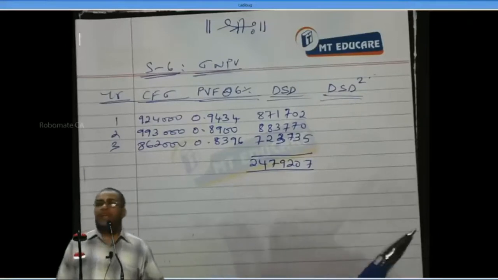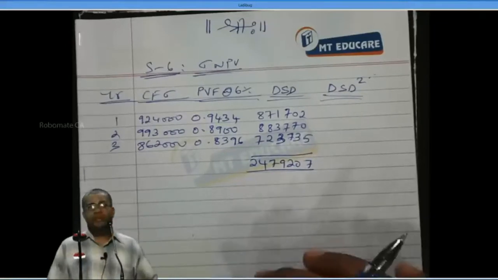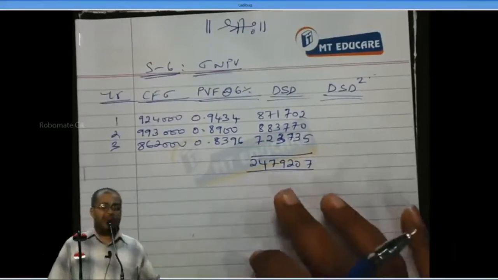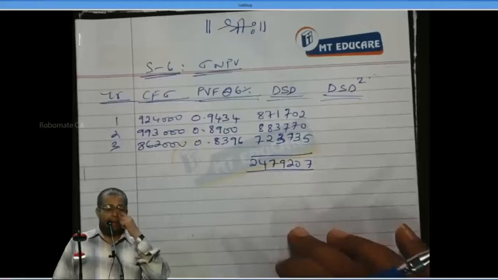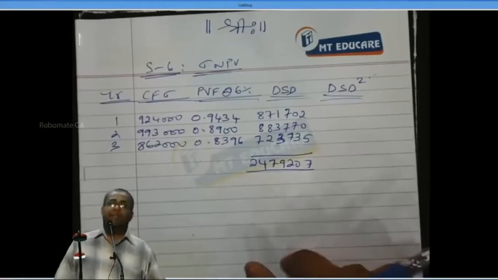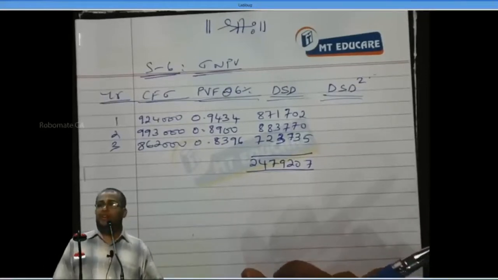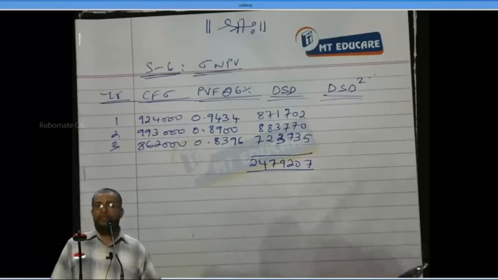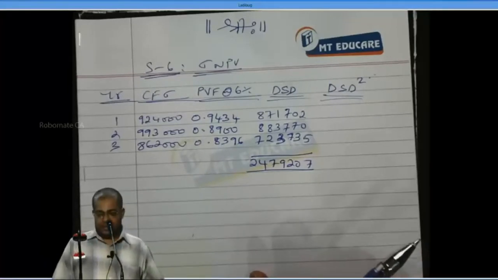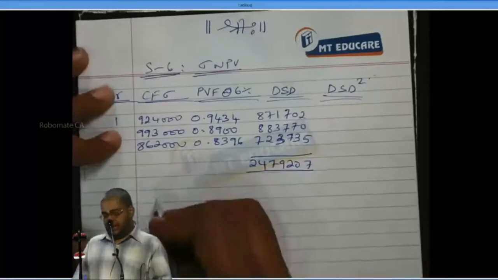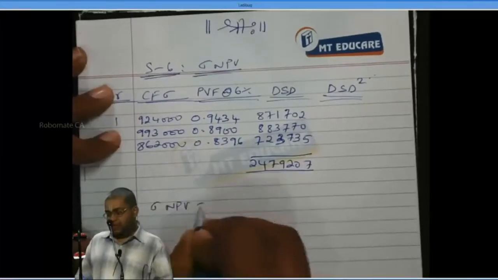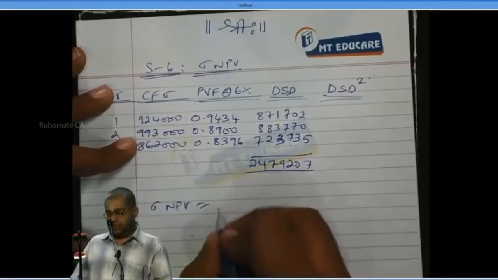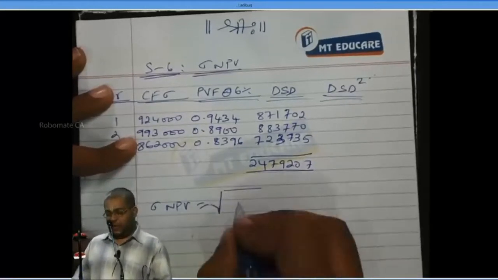Next paragraph. If the cash flows are uncorrelated, that is independent over time, then the standard deviation of NPV is equal to the square root of, please fill in the blank, the square root of what?